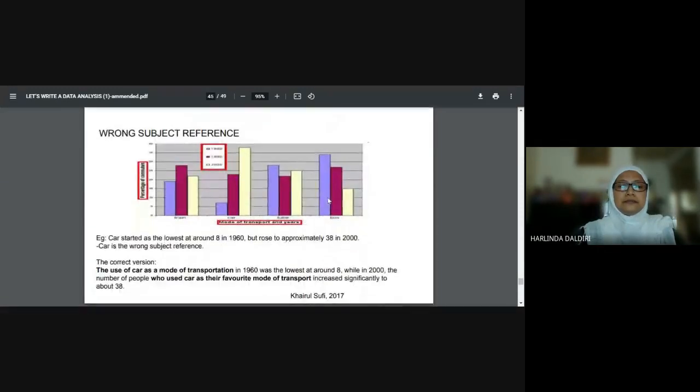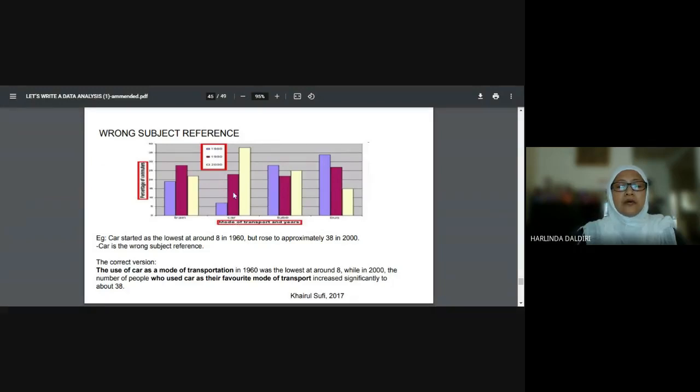All right, wrong subject reference. For example here: Car started as the lowest at around 8 in 1960, but rose to approximately 38 in 2000. Car is the wrong subject reference. Why? Because it's mode of transport and years. Mode of transport here means how many people use car, train, tube, bus. So if you say car, it's not the car that has the lowest number.